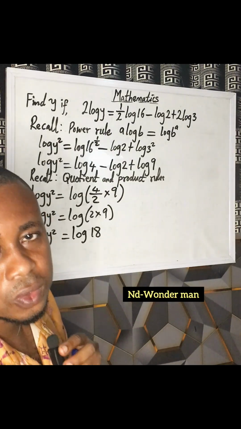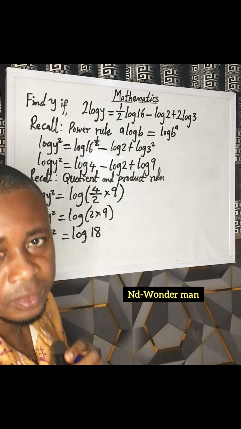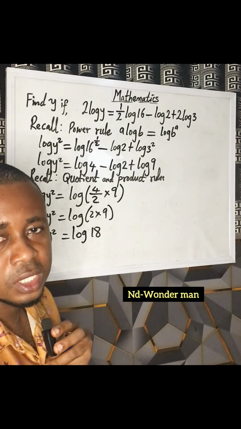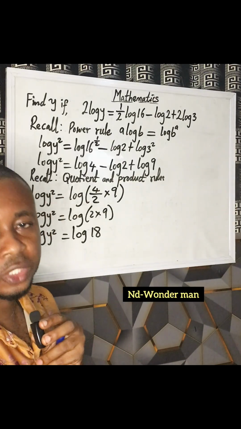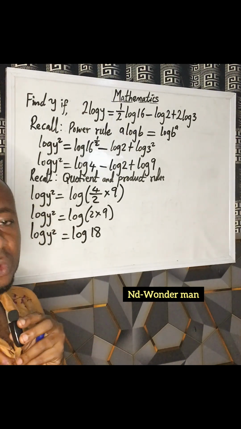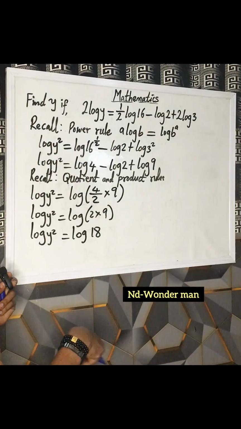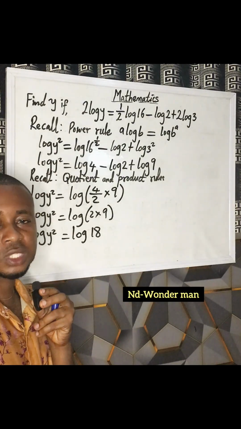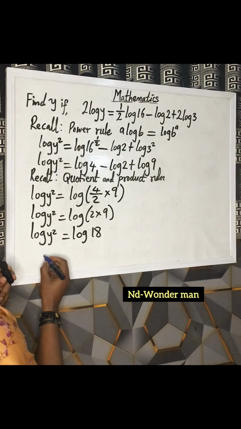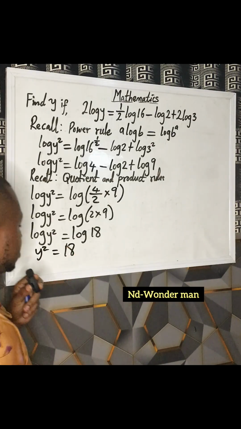The next thing you need to do is to recall the general rule in logarithm. And that general rule states that for every logarithmic equation, there must be a corresponding index equation. So this is the logarithmic equation. It must correspond with that of index equation. So in that case, I'll have y squared is equal to 18.